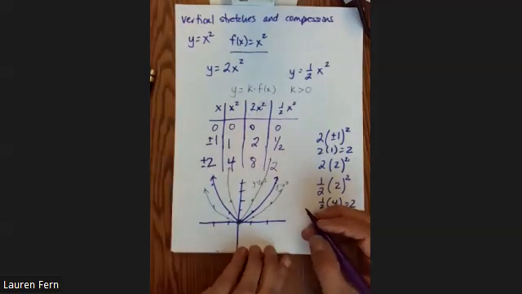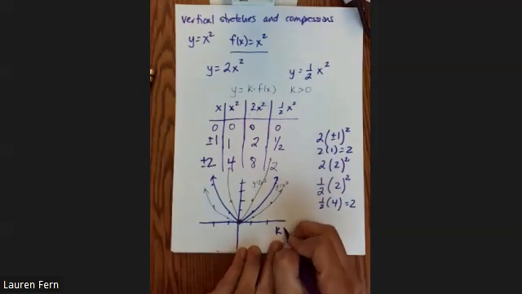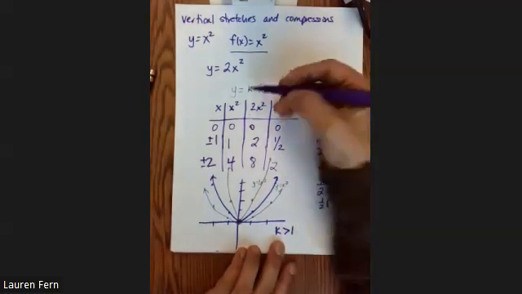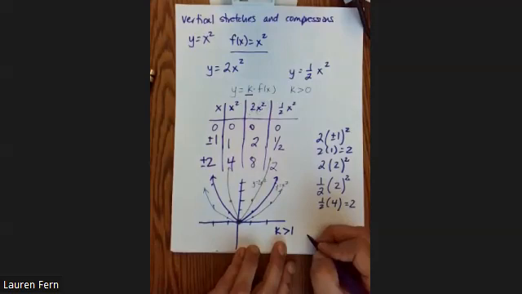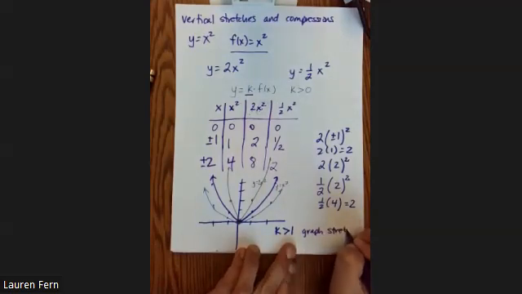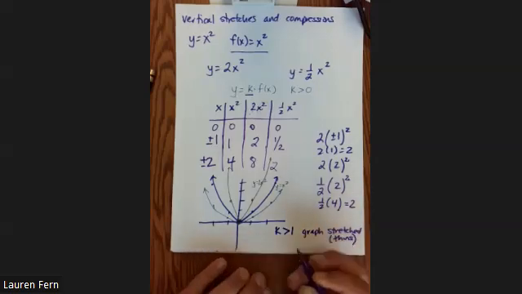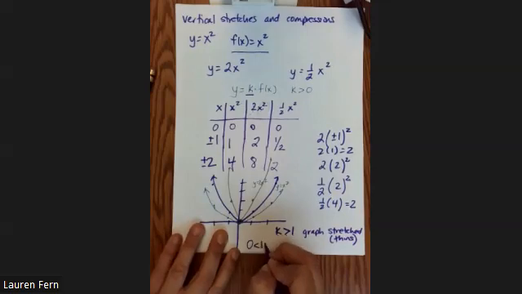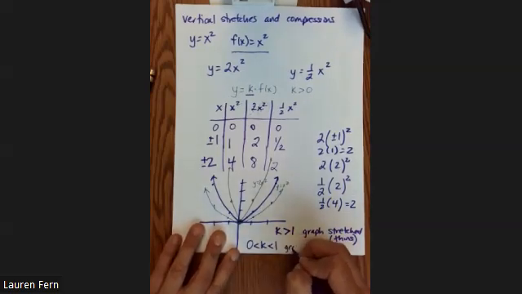So what I will say here is that when k is greater than 1, again, this k, the graph is stretched. It kind of thins it out. And if k is between 0 and 1, the graph is compressed or widens.